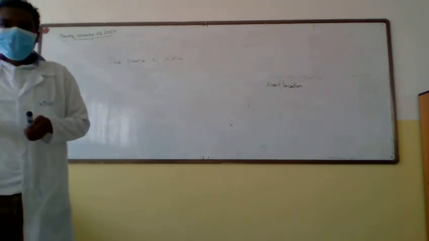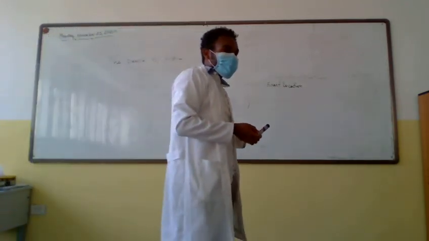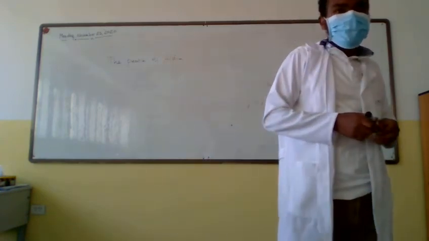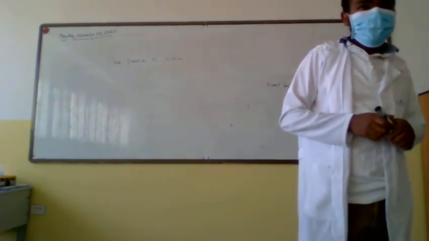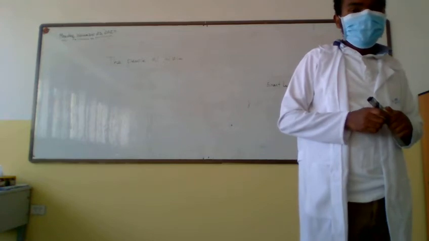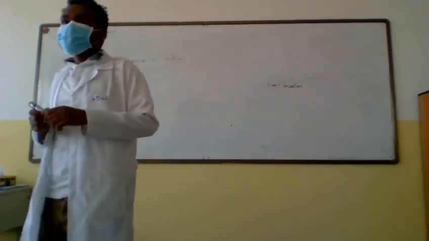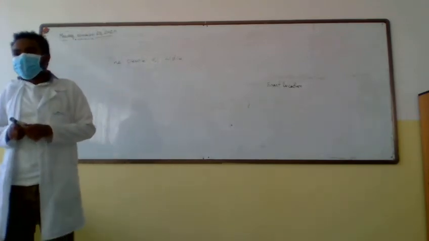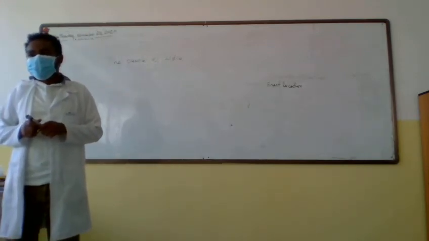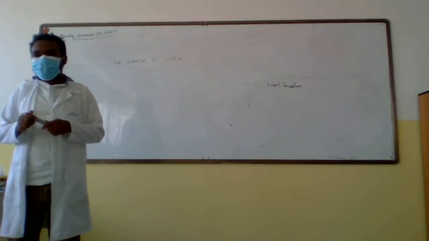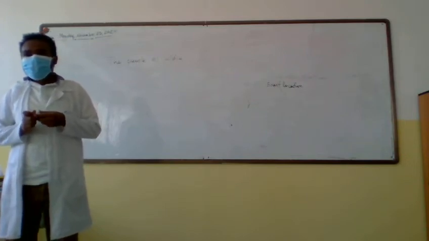What are they? The coordinates are there to tell you where exactly you want to be. So you have the x and the y. In relation to that, you can get exactly where you are.